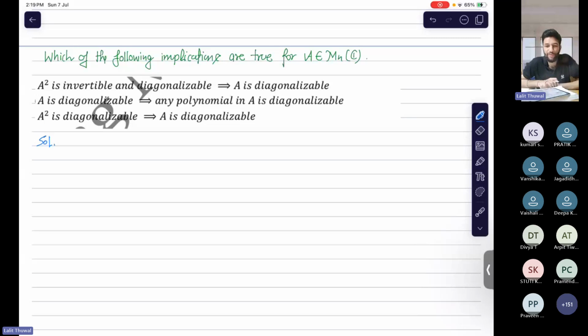I will wait for 1 minute, because of the time constraint I can give you less time, but still you can try. Let's call these implications 1, 2, and 3.